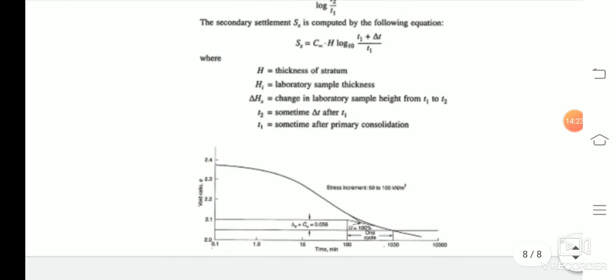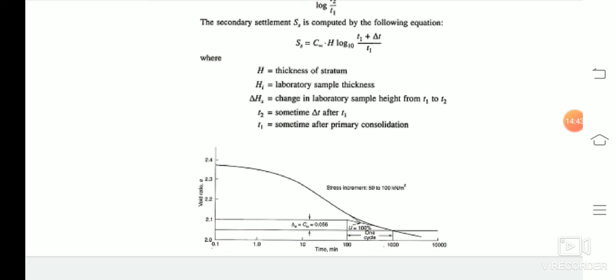So this is the graph for time versus void ratio, where it is shown that with the elapsing of time there is a very small increment in the settlement. Hence the value of the secondary settlement is comparatively neglected.